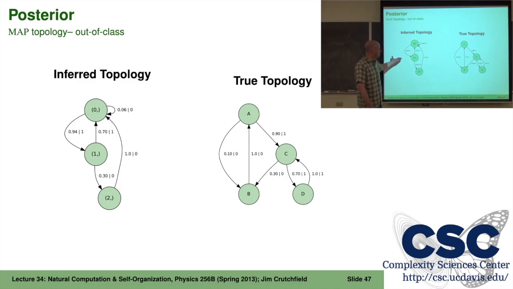But there are certain elements of this part here that are averaging over aspects here. You can see the 0.3 and the 1 and the 0.7, so you can see it capturing particular parts of the process, but it's averaging over other parts of this. So certainly the data that was generated by this could be generated by this, with similar probabilities, probably. It's interesting to see how different they are.